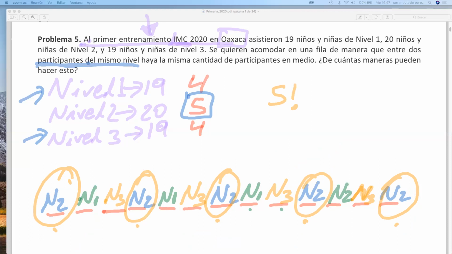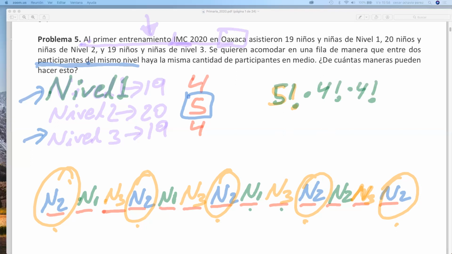The students from level 1, de nivel 1, can be arranged in 4 factorial ways. And level 3 can be arranged in also 4 factorial.